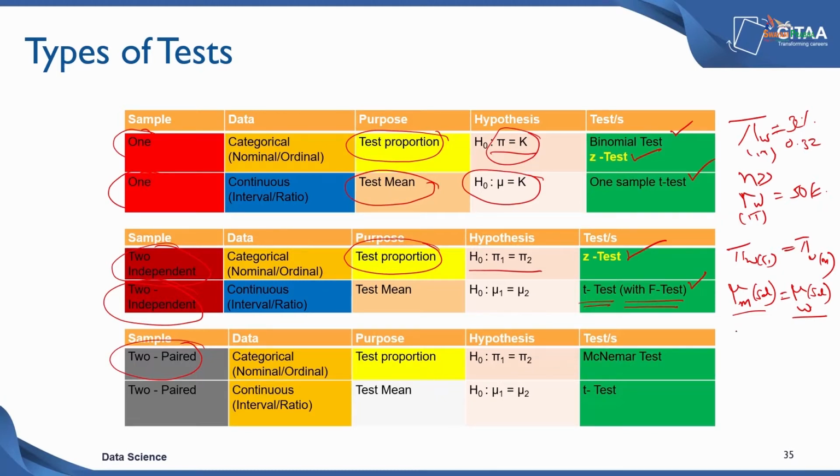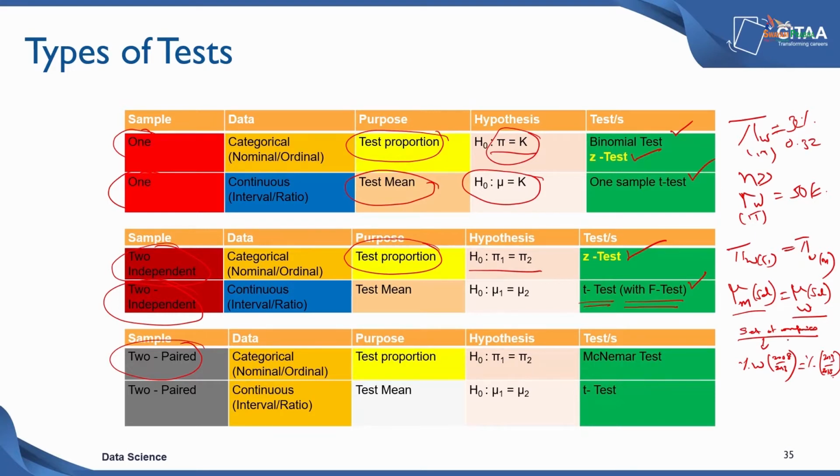So you have a set of companies, and the company which is providing you the data is the same. You have two sets of data: the percentage of women in, let's say, the time period 2008 to 2013, and again the percentage of women between 2013 and 2018, and then you want to compare whether these two percentages are the same.